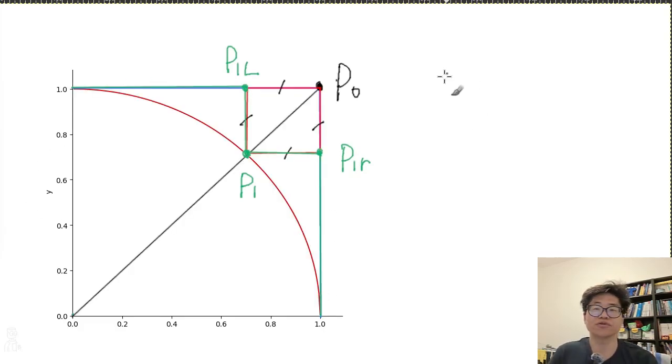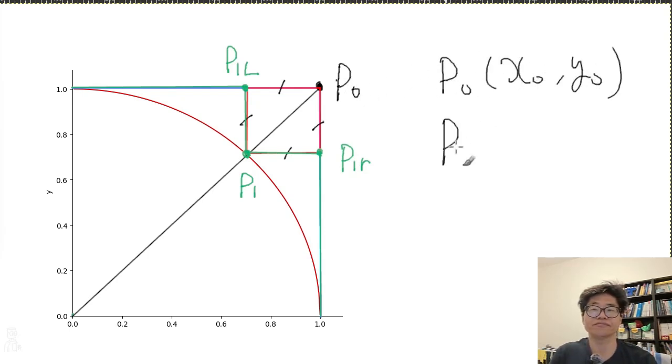Let's name all the coordinates. I say P0's coordinate is x0, y0. And P1, I say x1, y1.